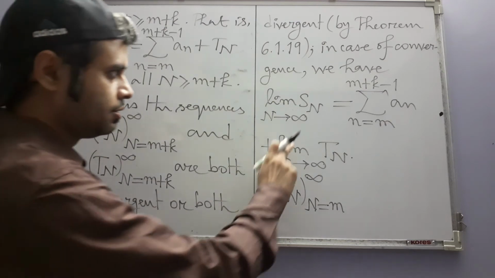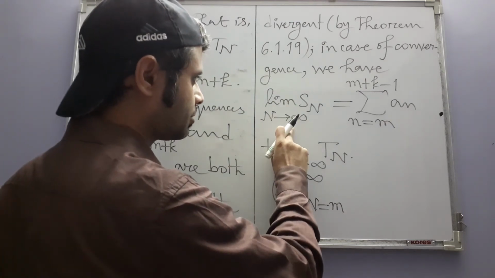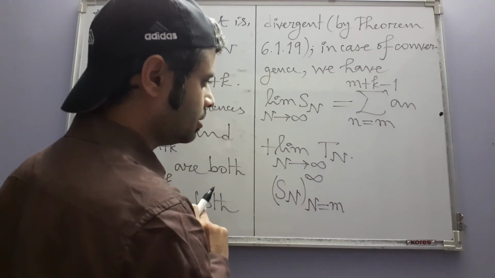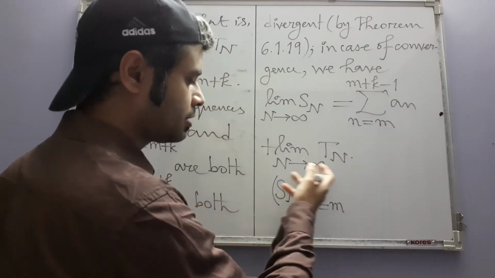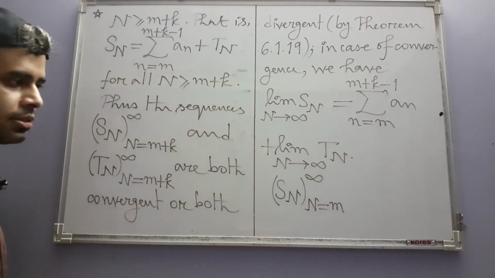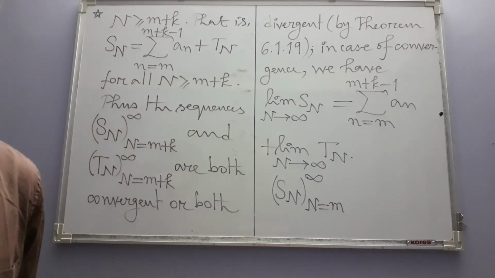That means this limit is actually the sum of the original series, and this limit of course is the sum of that second infinite series. So let's mention these things.